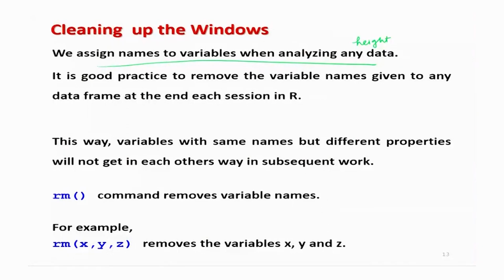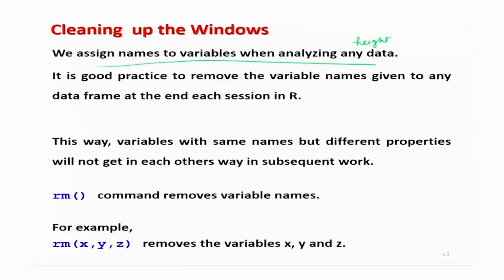All the values which you had stored in the variable height in your earlier problem will be overwritten by this new variable height and its values. The older values will be removed and the new values will be there. And R does not give you any option for that. R will not ask you whether you want to overwrite or not. Once you have pressed enter, the old values are gone.